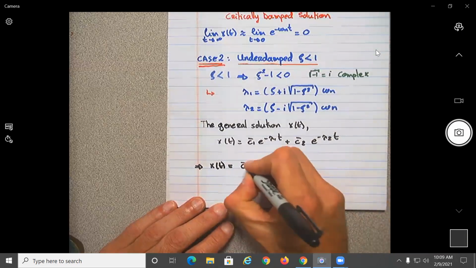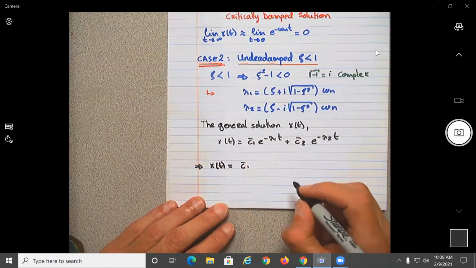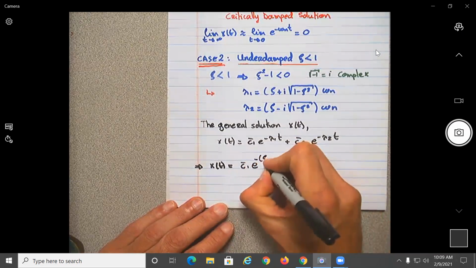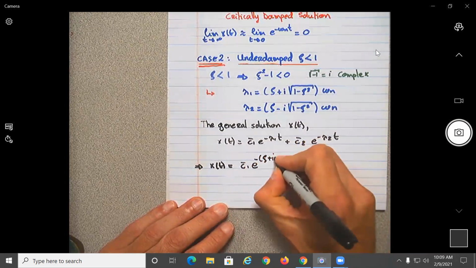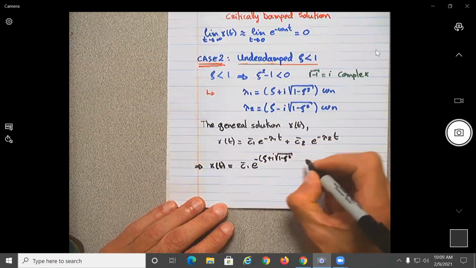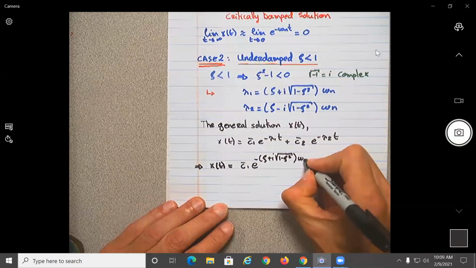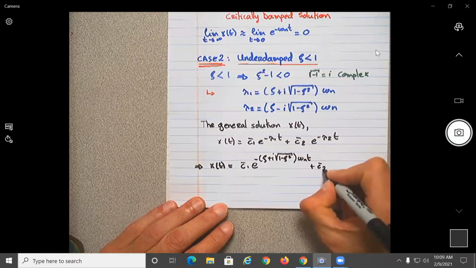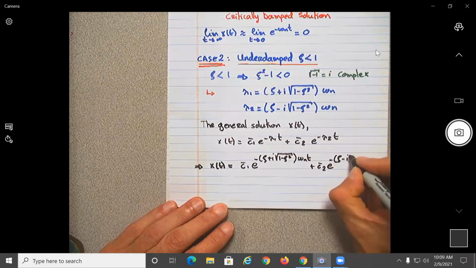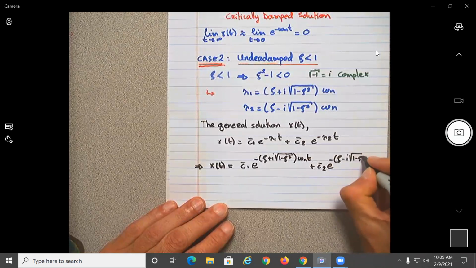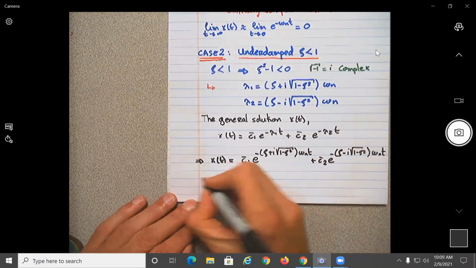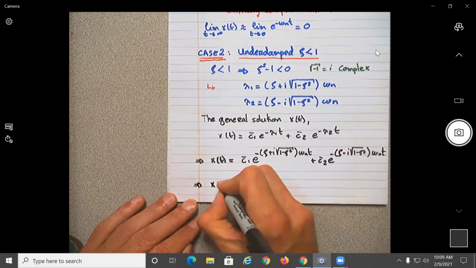So equal to c bar 1 exponential of minus zeta plus i square root of 1 minus zeta squared omega n t, plus c bar 2 exponential of minus zeta minus i square root of 1 minus zeta squared omega n t.